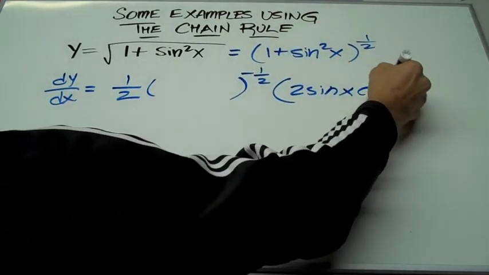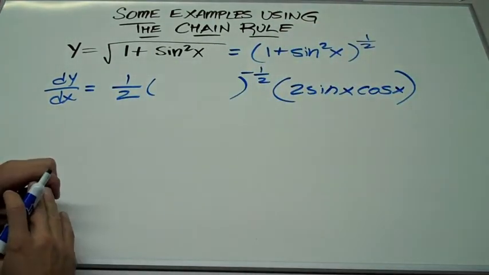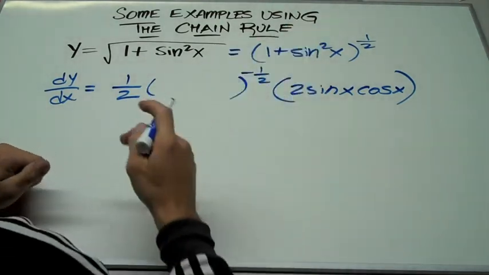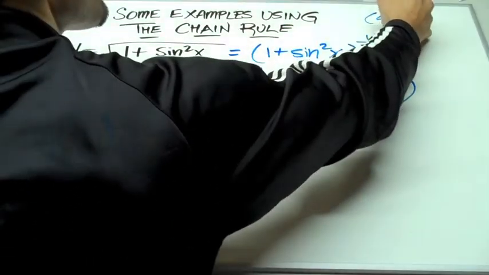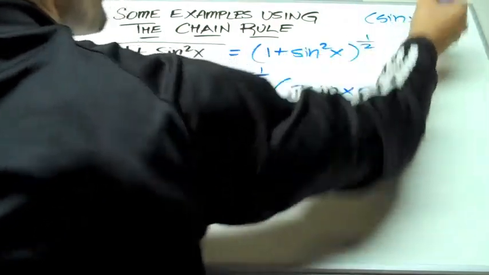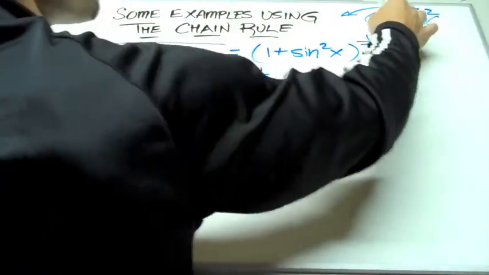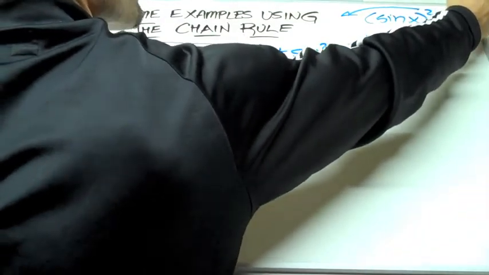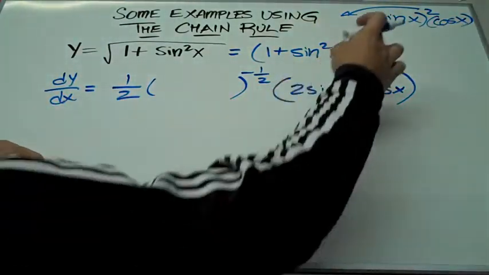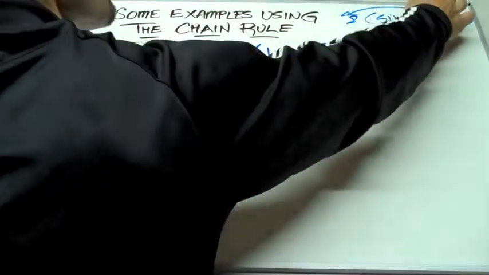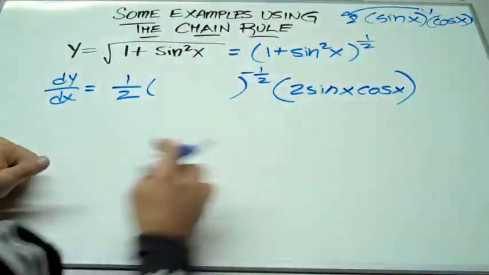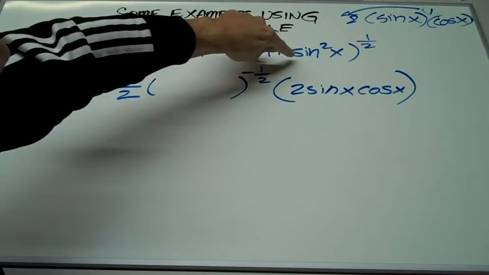Cosine x. So I had to use the chain rule twice there, because if I'm considering the derivative of sine squared x, I have to bring the 2 out front and then take the derivative of sine x, which is, of course, cosine x. 2 goes out front and 2 goes to 1. That's where I found the derivative of this.